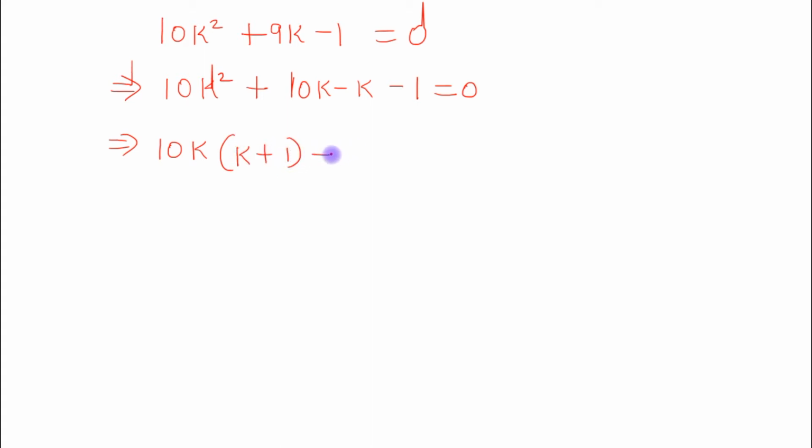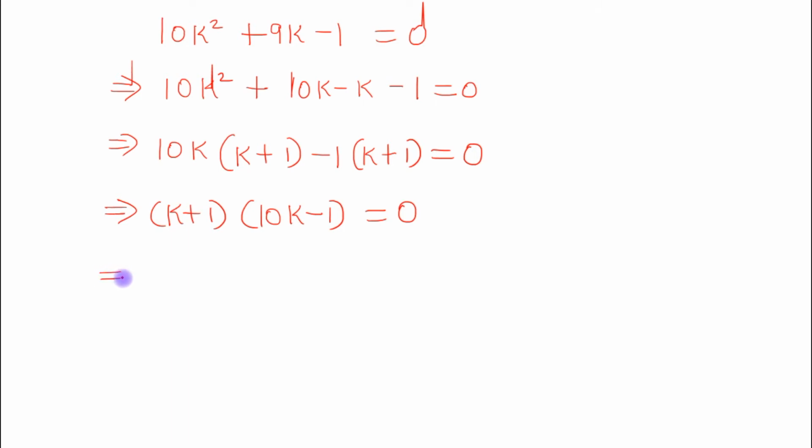Then we will take minus 1 common, so it will be k plus 1. In the next step we will take k plus 1 common. The terms left in the bracket will be 10k minus 1 equals 0.